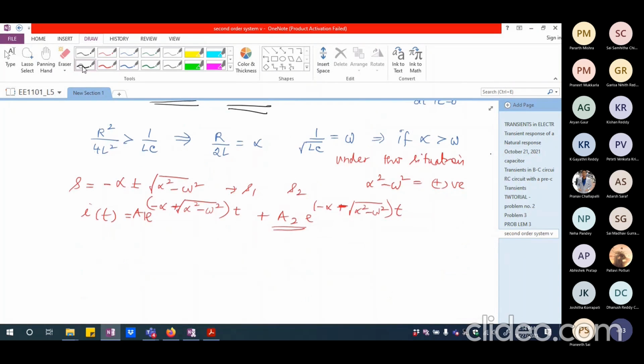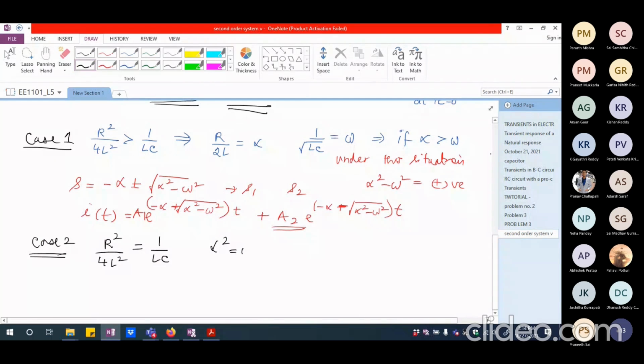Okay. The second case, this is case 1, when I'm going to have alpha square, r square divided by 4l square, greater than 1 by LC. Case 2 is when I'm going to have r square divided by 4l square equal to 1 by LC. That is alpha square is equal to omega square.